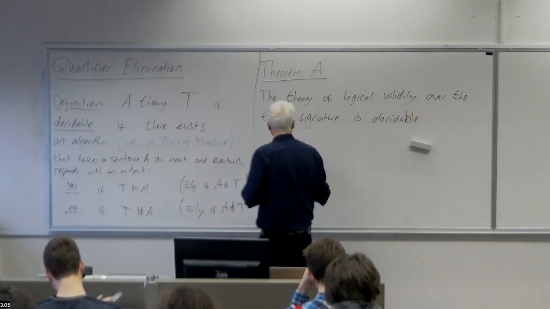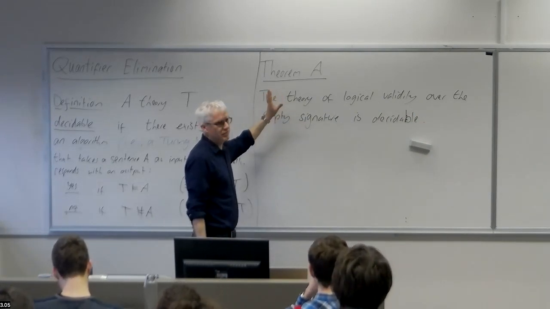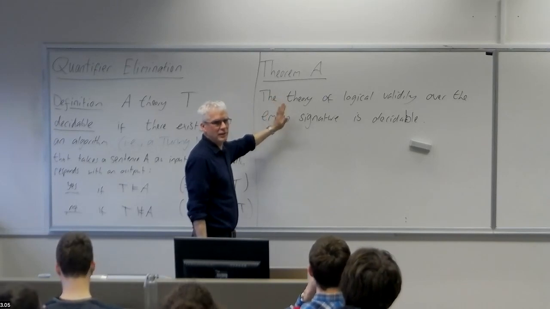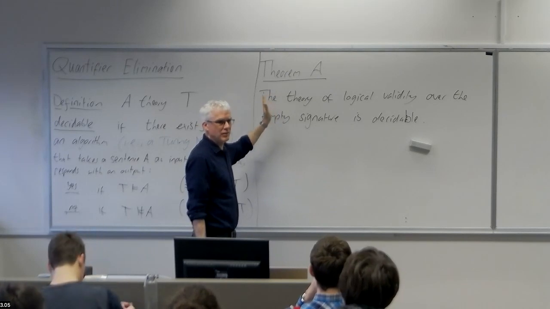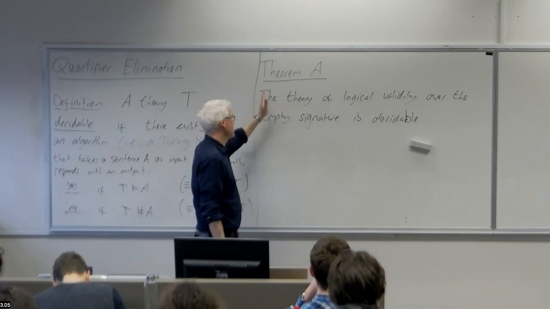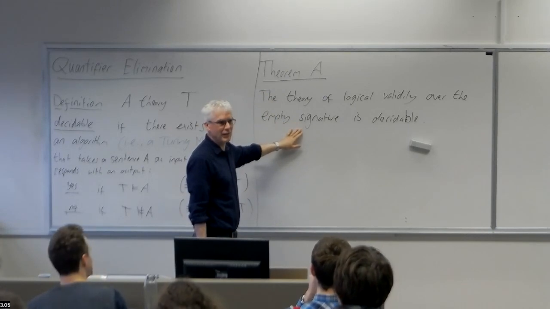So if you have a logical sentence that does not involve any predicate symbols from a signature or any function symbols from a signature, then the validity of that sentence is decidable. So in a sense, it's not so surprising, because if you have an empty signature, you've got no vocabulary. And if you've got no vocabulary, you can't say very much.